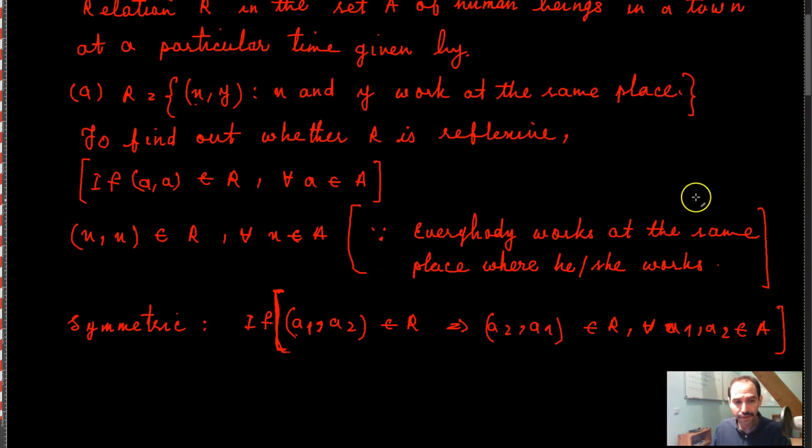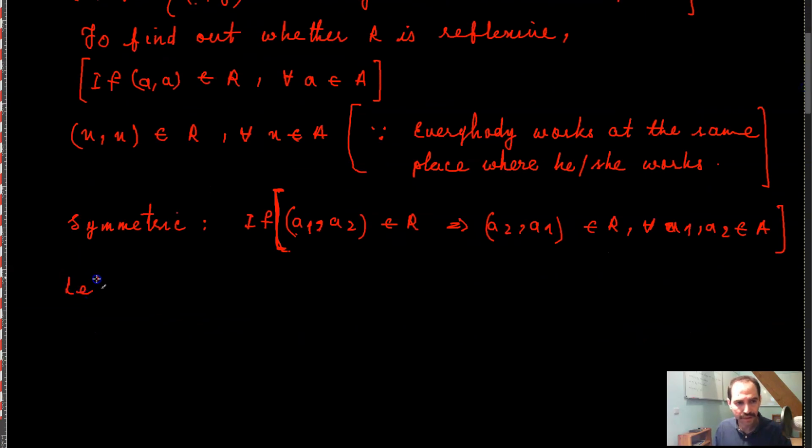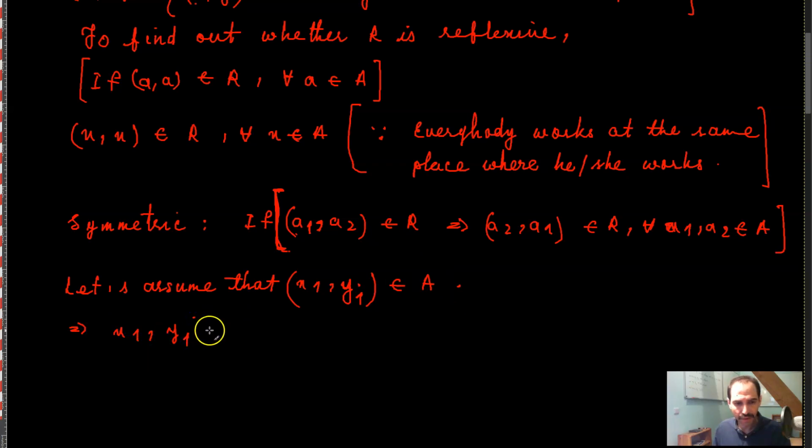Belonging to A, which means that if I assume that some (A1, A2) belongs to R, now let's assume, for example, that some (x1, y1) belongs to A. So if (x1, y1) belongs to A, that means that x1 and y1 work at the same place, right?